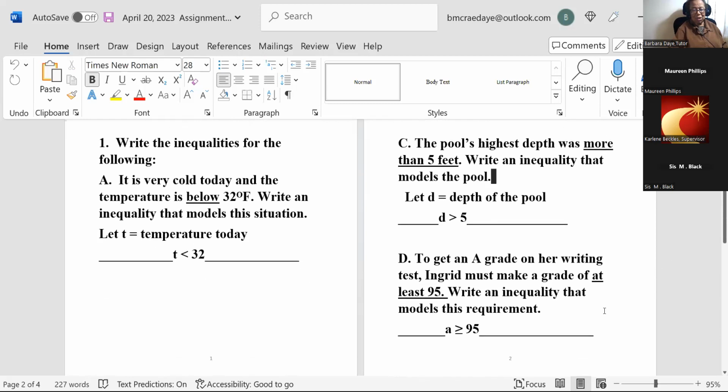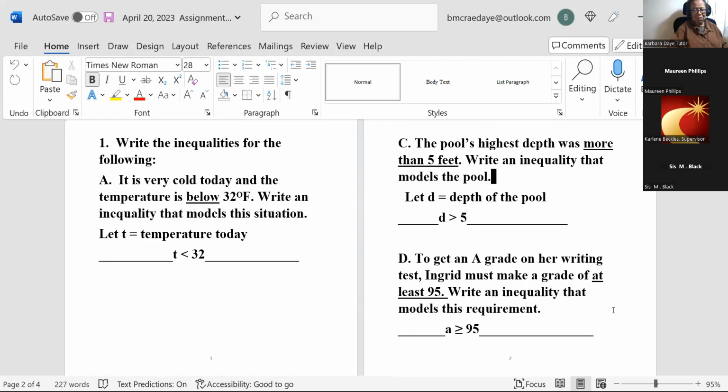Read that. Maureen will tell you why she has her answer. D says, to get an A grade on a writing test, Ingrid must make a grade of at least 95. An inequality that models this requirement.